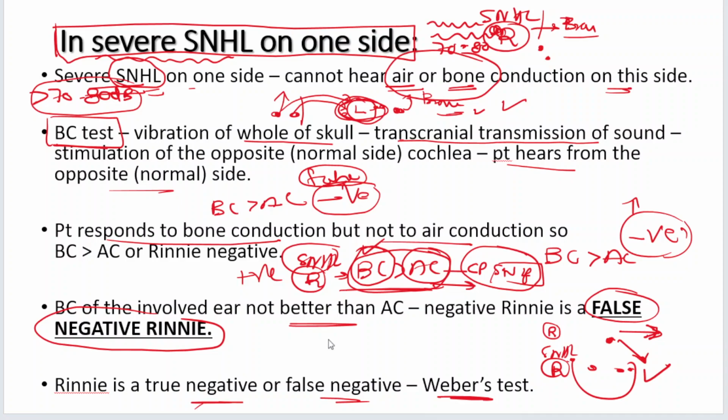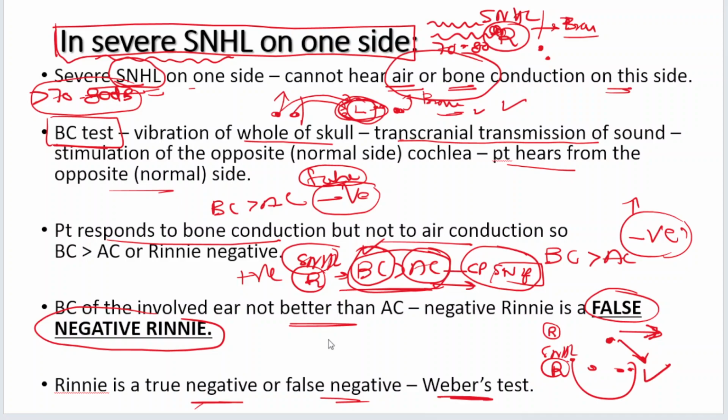Just to sum it up, a patient is having right side severe sensorineural hearing loss, not able to perceive 70 to 80 decibels. The nerves have got damaged, or let us say the cochlea has got damaged. You take a tuning fork and place it in front of the pinna.